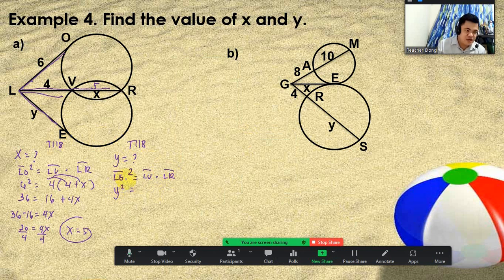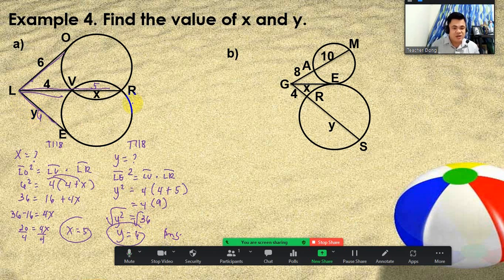And then LV is 4 times 4 plus 5. So 5 is the value of x a while back. And then 4 times 4 plus 5 is 9. So 4 times 9 is 36 equals y squared. Then extract the root of both sides to remove the square. So y is equal to 6. So the value of x is 5 and the value of y is 6. So the measurement of this tangent is 6.